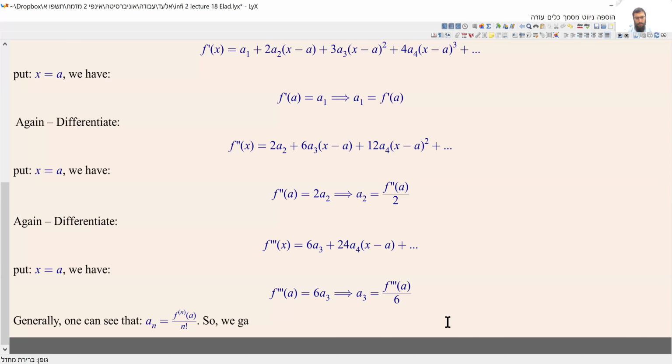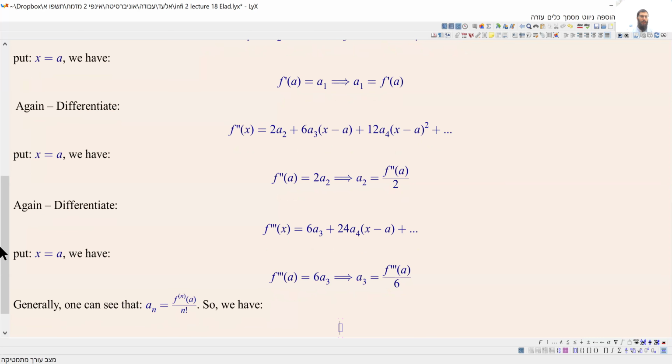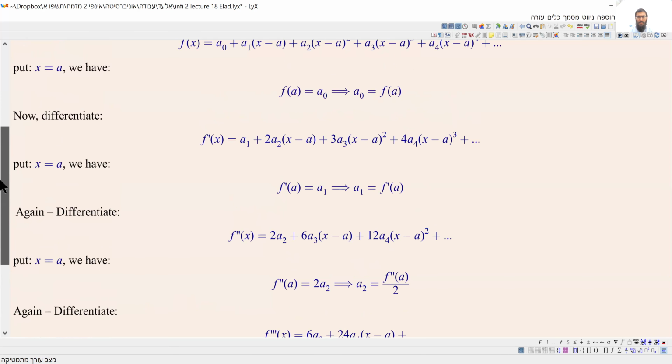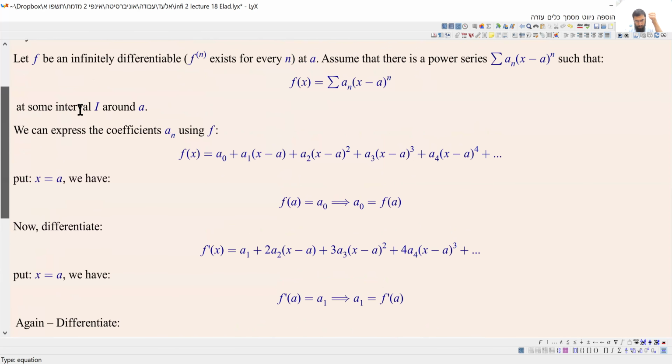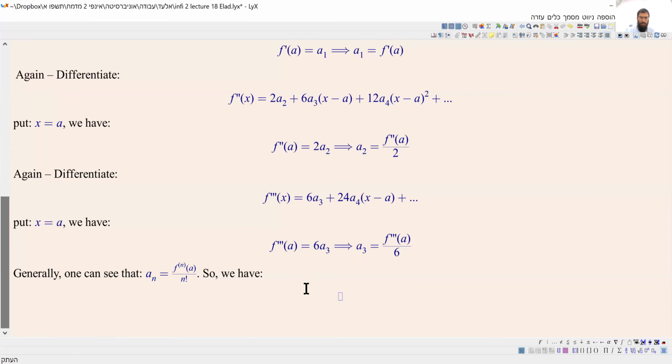So we have the following conclusion. If we know that f is infinitely differentiable and equals a power series, then the power series must be the nth derivative of f at a above n factorial multiplied by x minus a to the power of n.